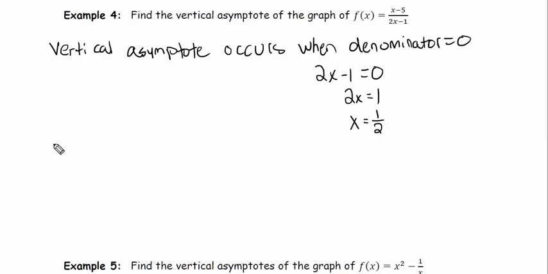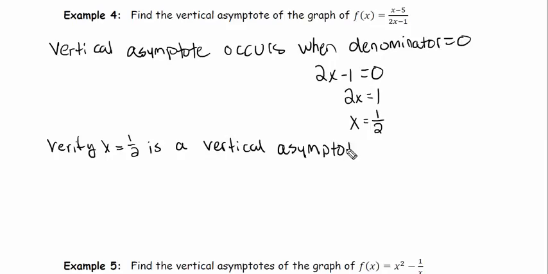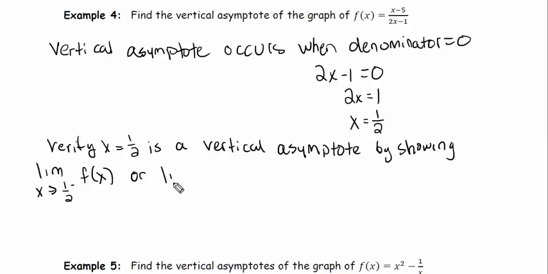So then we need to verify that x equals a half is a vertical asymptote, and we do that by showing that the limit as x approaches a half from the left of f of x, or the limit as x approaches a half from the right of f of x equals plus or minus infinity.